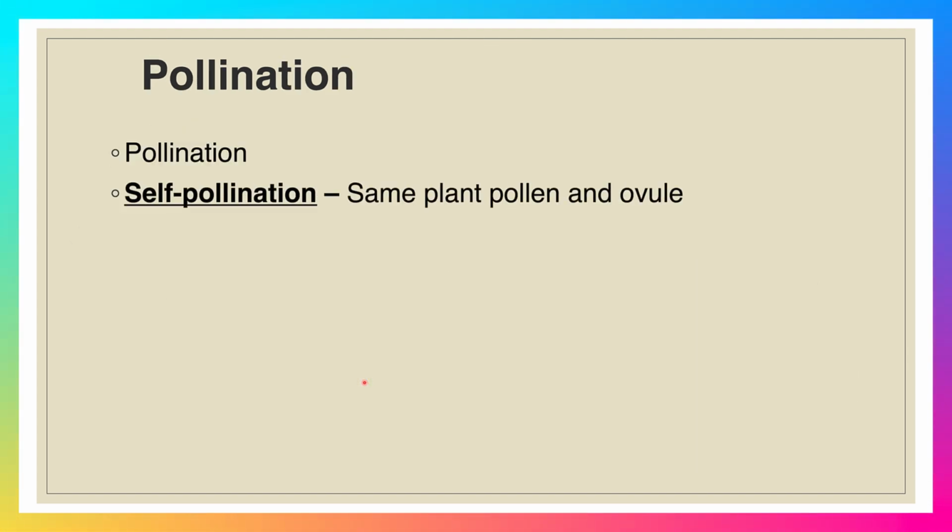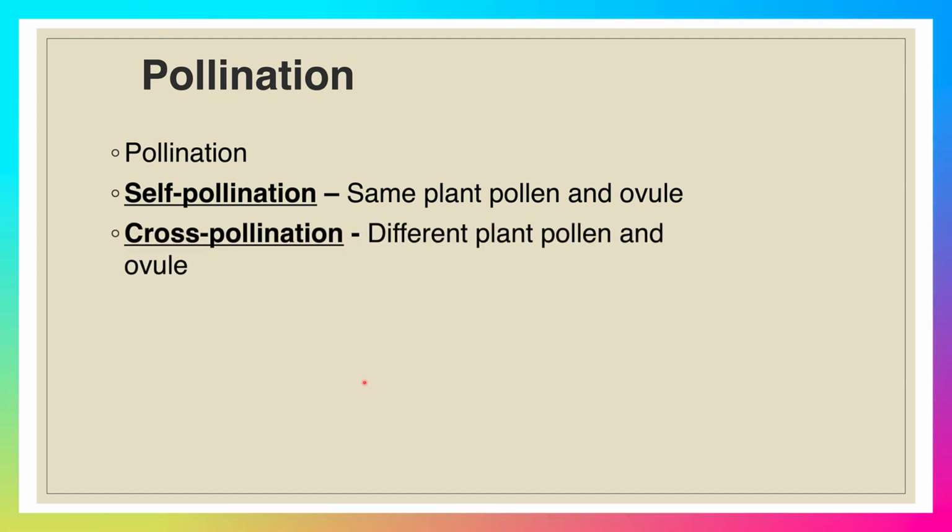When pollination occurs, it can occur within the same plant. The pollen comes from the same plant and the same pistil, and that's called self-pollination. If, on the other hand, two different plants are involved, then that's called cross-pollination, and that results in a hybrid, which is genetically a cross between two different plants.